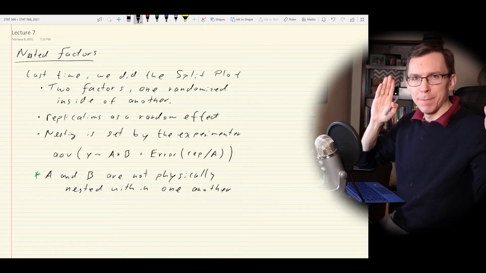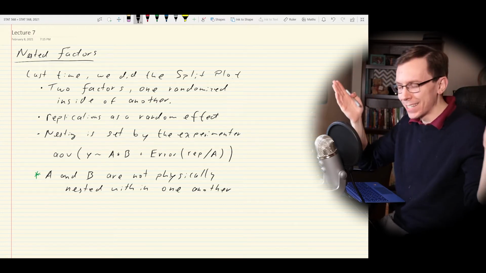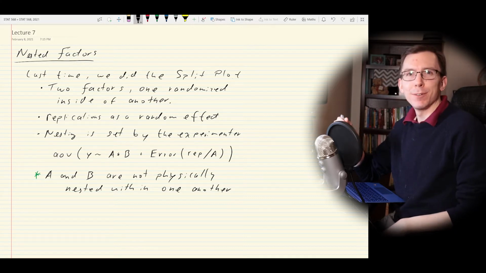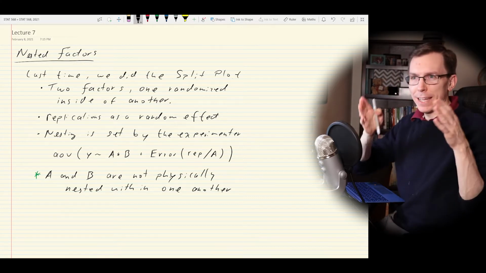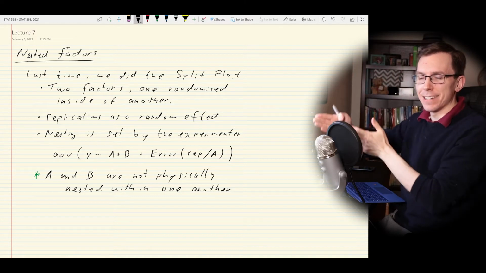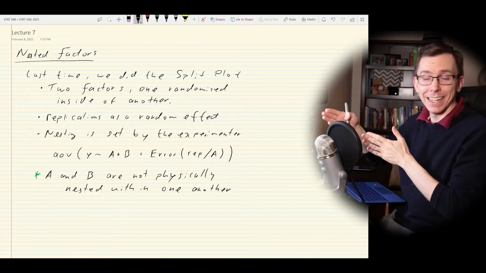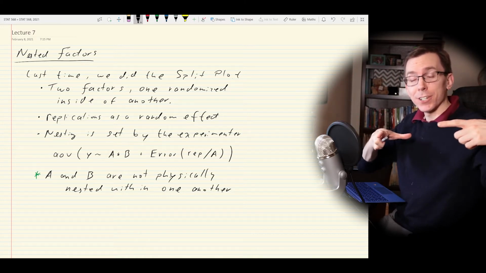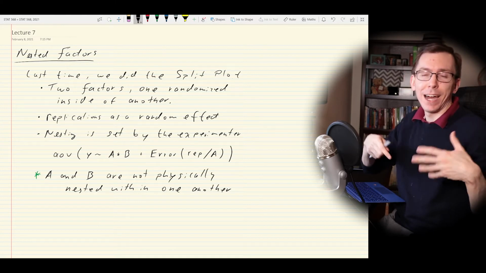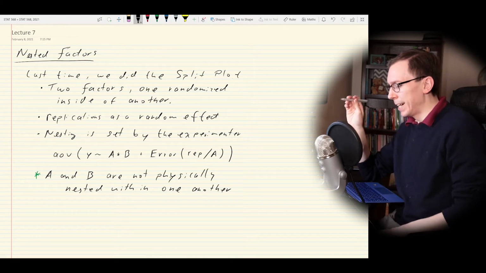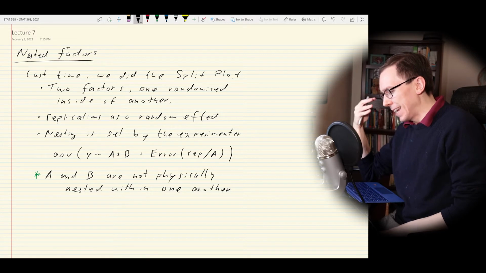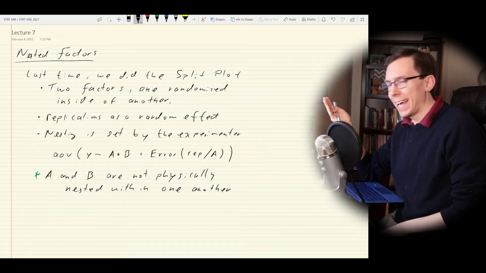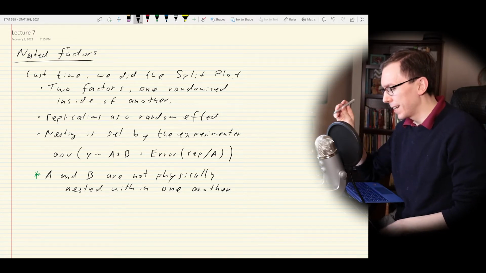Instead, you have to apply them to big pieces of land at once. So effectively what you would do is randomly assign big chunks of land to different A's, different pesticides, and then within those big chunks of land, you would have every different variety of plant B. So that's the example, and hence why it's called a split plot design.